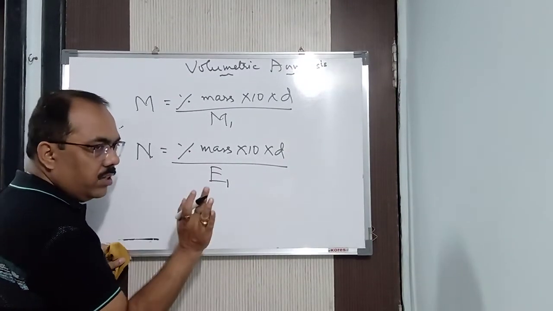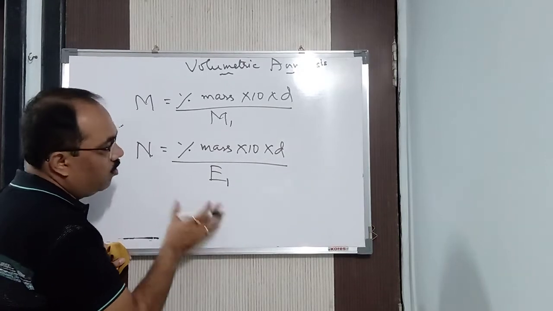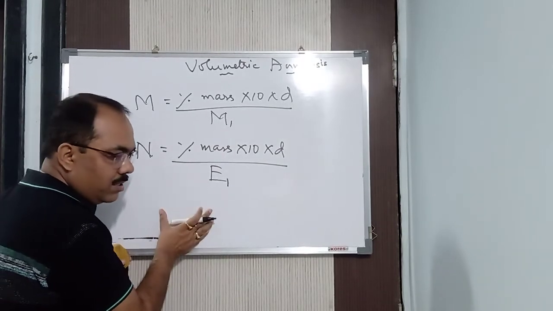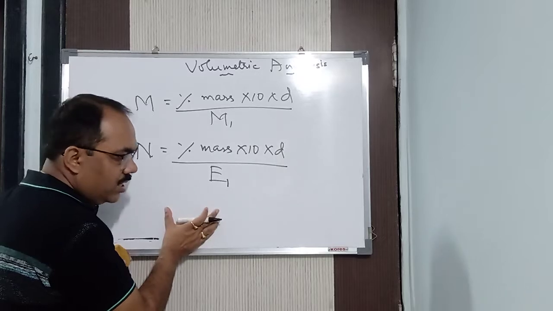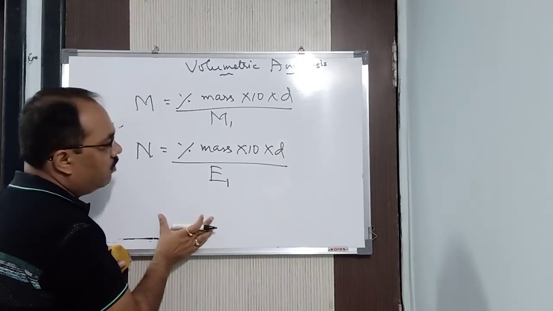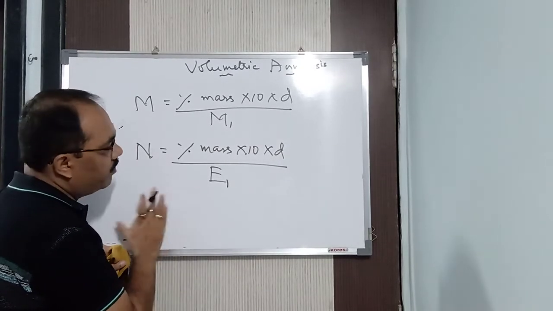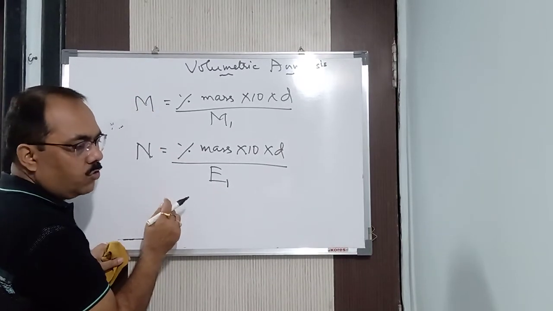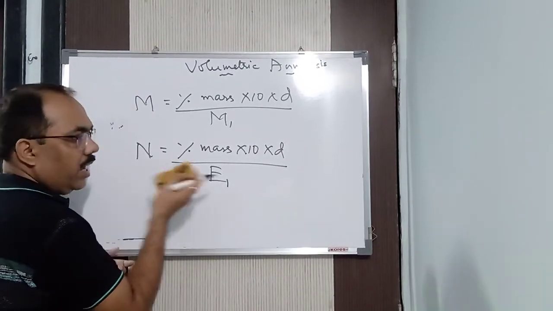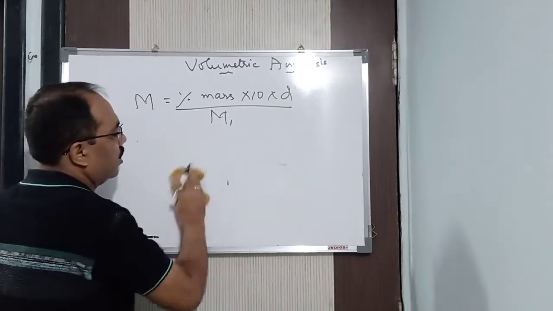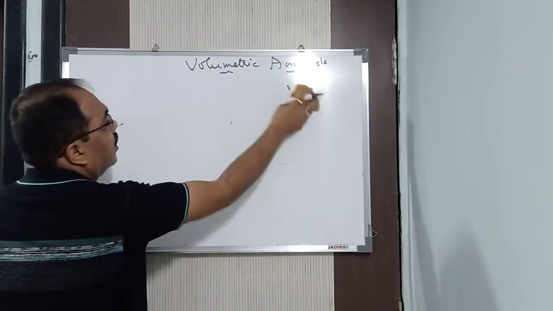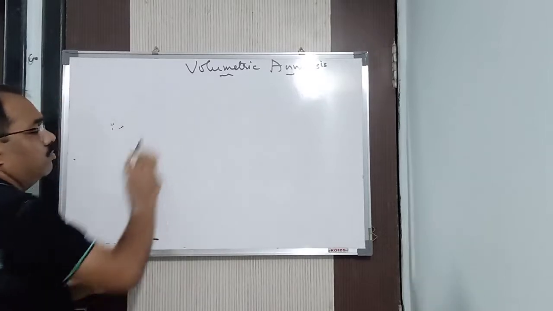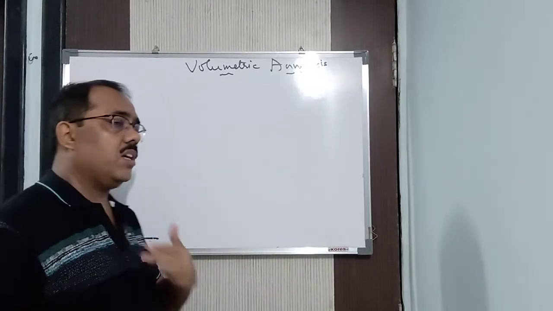You know how to calculate the equivalent weight, we have already discussed it: equivalent weight of acids, bases, oxidizing agents, salts, and an element. So basically you will be using these two formulas for calculation. It depends upon what is being asked in the question; accordingly you will use the formulas.